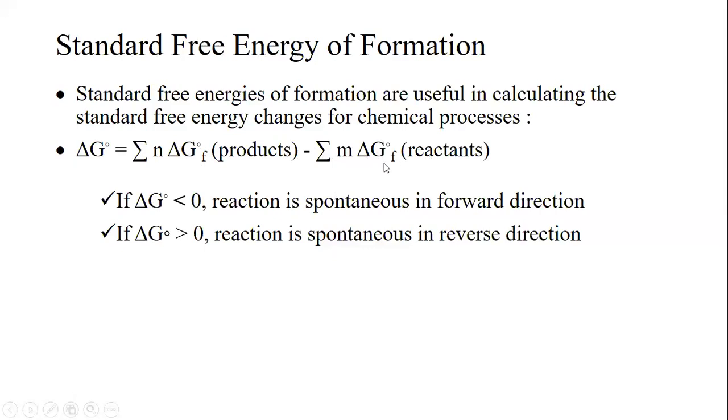Now the standard delta G0 of formation of any ion, element, or compound can be found in the literature. We can obtain these values. They are known, so again, this is something you don't have to guess. They have been calculated and tabulated in chemistry books.